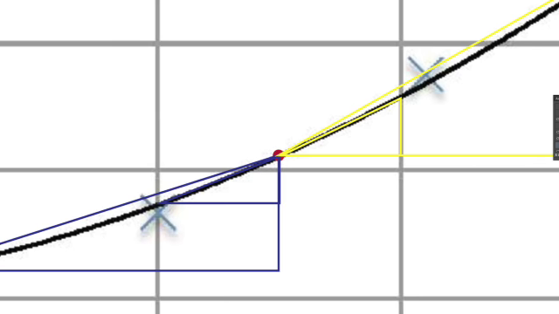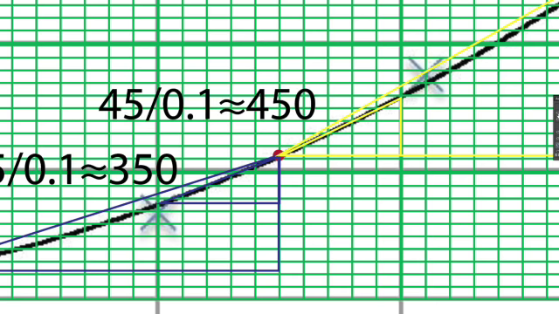All we need to do now is to do the arithmetic for this, so I will replace the finer grid and the calculations that we need are done also, and we will find a rise on the yellow triangle of 45 and a run of 0.1, and on the blue triangle we have a rise of 35 and it's still a run of course of 0.1.